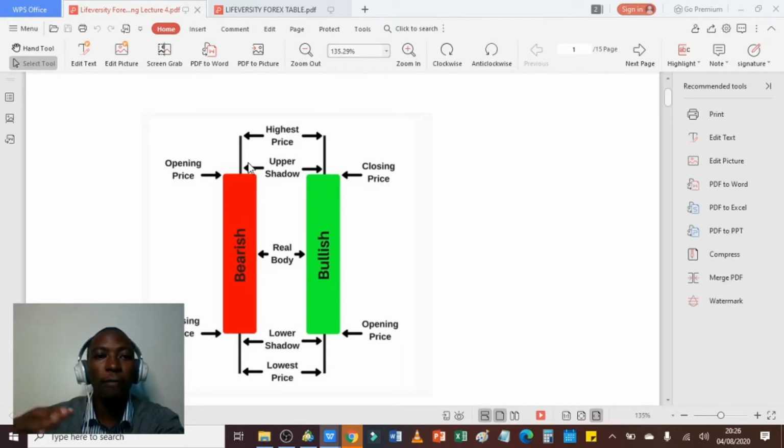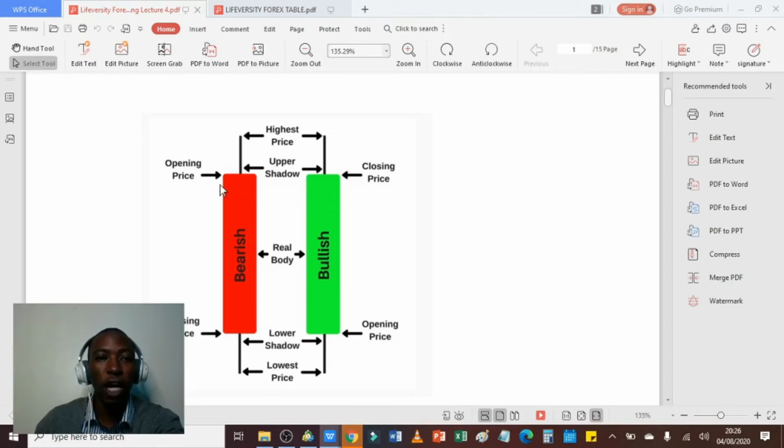There are four important parts of any Japanese candlestick: firstly the opening price, very important, secondly the closing price, thirdly the highest price, and fourthly the lowest price. As you can see, the lowest price is similar for both bullish and bearish candlesticks, and the highest price is also the same, but the opening price is different.